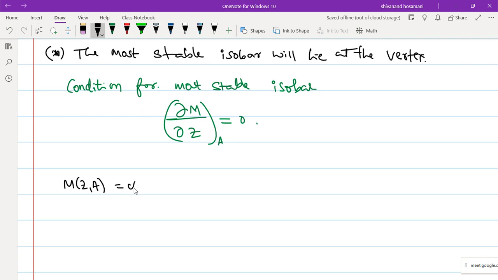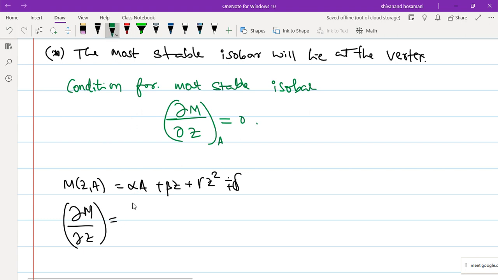So this expression is alpha A plus beta times Z, then plus gamma times Z square, minus plus delta. If you differentiate this, dou m divided by dou Z, what do I get here? The first term becomes 0.